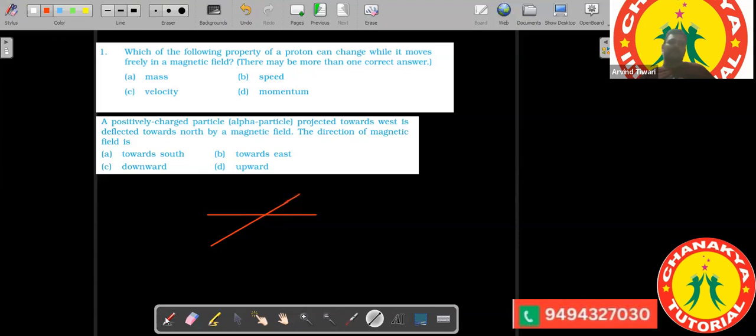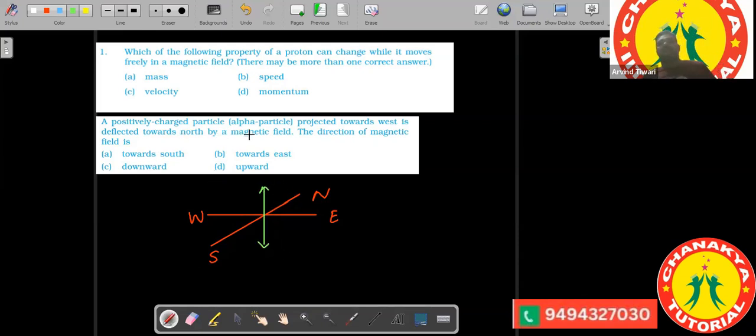So this is your north, south, east, west, and you have your upward and downward. This one is upward, this one is downward.